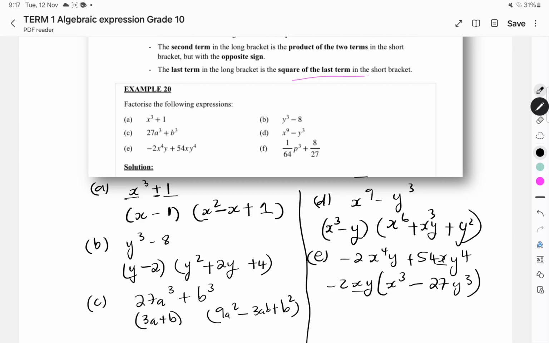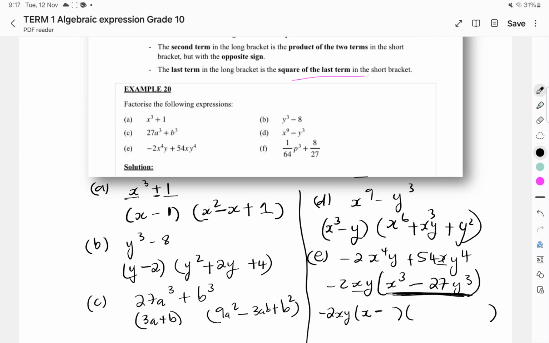Then I realized, okay, I took the common factor, but this is a difference of cubes. So I can still work that one out. It's minus 2xy. This will have a smaller bracket and then a long bracket. From there, I'm going to have x, and then this side I'm going to have x minus the cube root of 27y^3. You can punch that in your calculator.